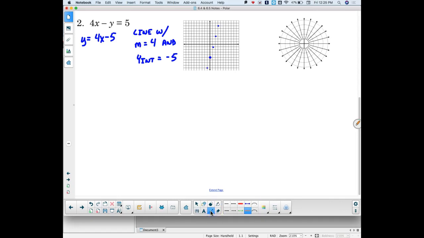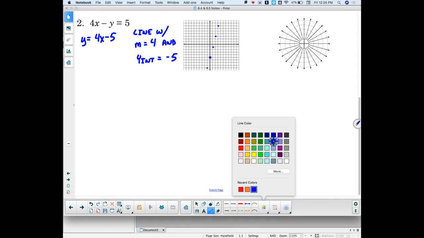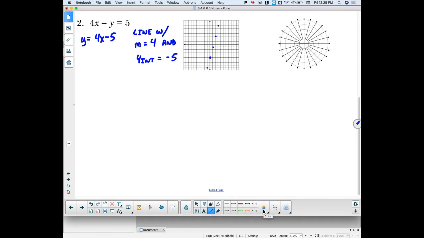Either way, that gives me a wonderful looking graph that looks like that. You've been doing that probably since you were in middle school.